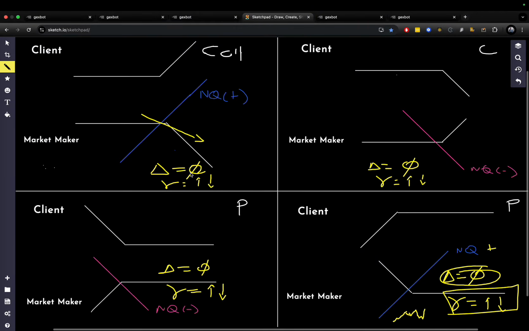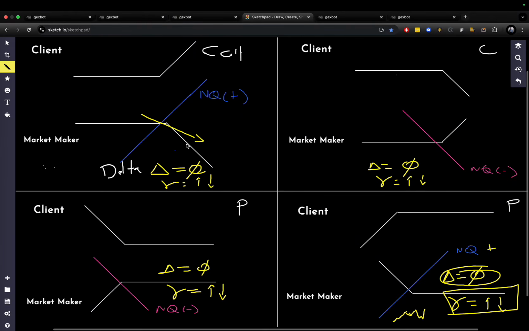The market maker doesn't sell this call. He warehouses this call, and he needs to manage his risk, right? And the way to manage his risk is with delta, right? So he always has to be delta neutral. Delta is the derivative that tells him, listen, you are now short this call for this client.